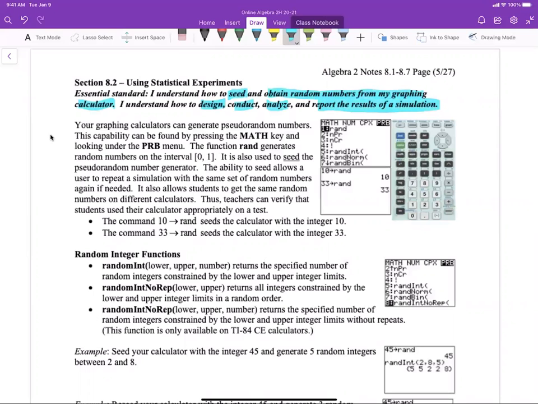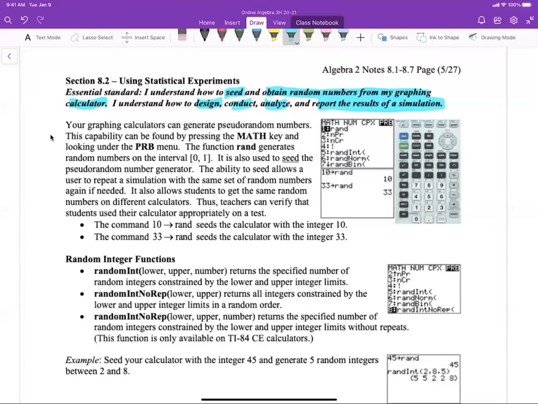All right, your graphing calculators can generate pseudo-random numbers, okay? This capability can be found by pressing the math key and looking under the PRB menu. So let's go and take a look. Here's my math key.